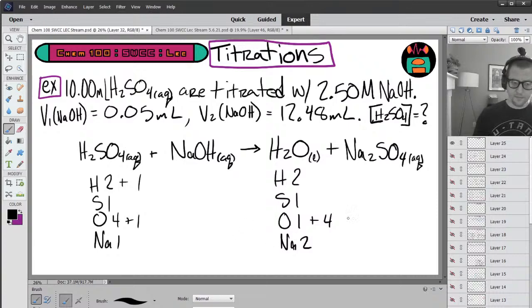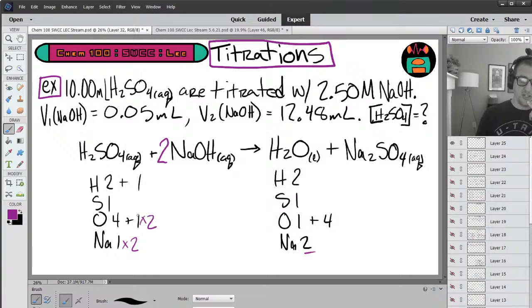All right. Let's balance this thing. Always go for the easy stuff first. And the easiest thing that pops out to me is sodium. We got 2 on our product side, only 1 on our reactant side, so we need to multiply sodium hydroxide by 2.